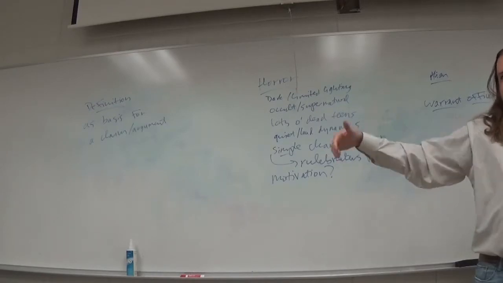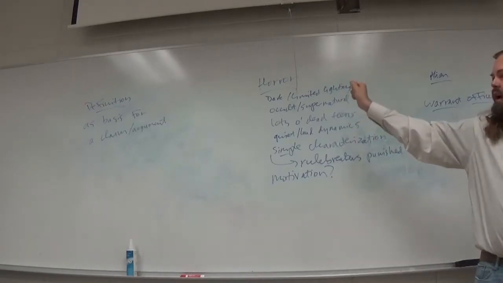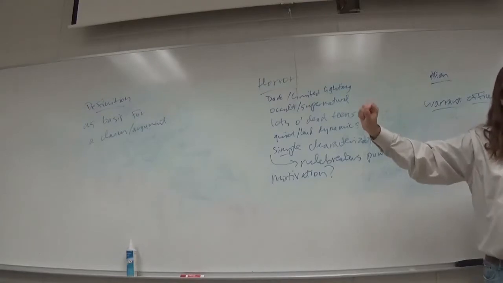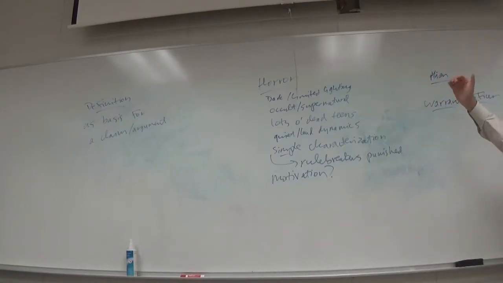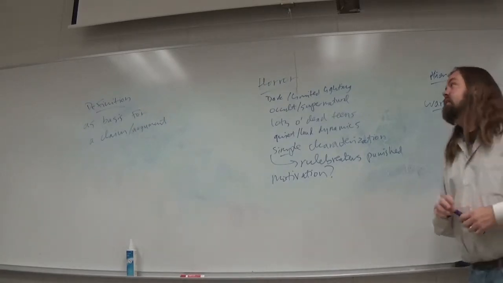So what I want you to do, I'm going to show you two music videos. And I want you to try to make a list as you're watching of the ways in which they are alike and the ways in which they are unlike, all right? And then we'll sort of compare those lists when we're done.